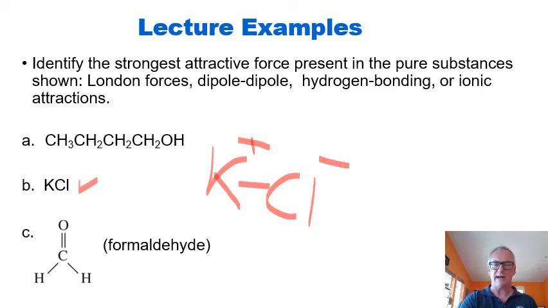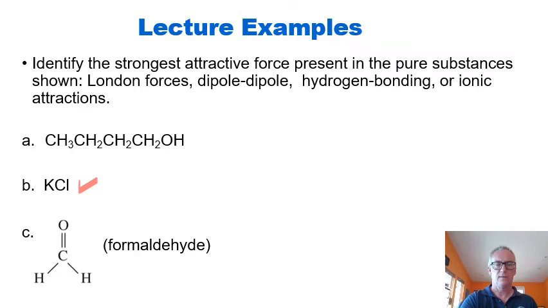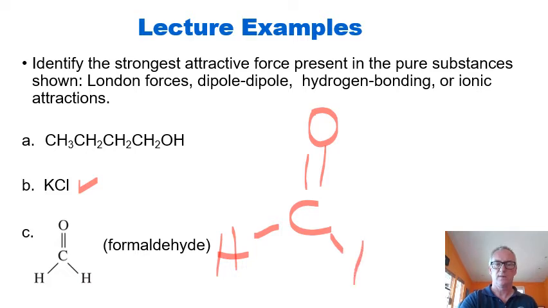Finally, let's look at formaldehyde down here, this structure at the bottom. So I've got a carbon, oxygen. This is called an aldehyde group, where you have a carbon, double bonded oxygen here, and then a hydrogen. That's called an aldehyde. And formaldehyde is basically the smallest aldehyde there is with a single carbon. So when we look at this, we ask ourselves first, what shape is it? Because the shape of the molecule, we all know, is why certain things are polar, certain things are nonpolar.